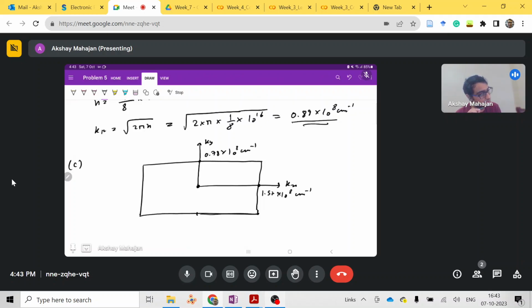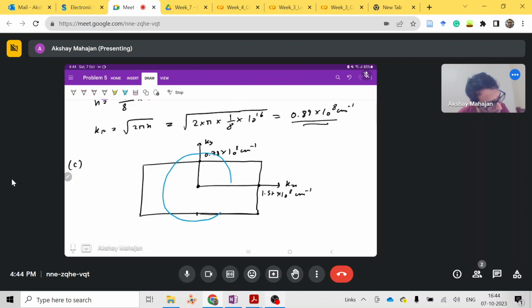Now my radius is 0.89. If I draw my Fermi sphere, considering this as my length units, my Fermi sphere will cross it because it is 0.89 and I have 0.78. So it will cross this one, and I will have something like this.